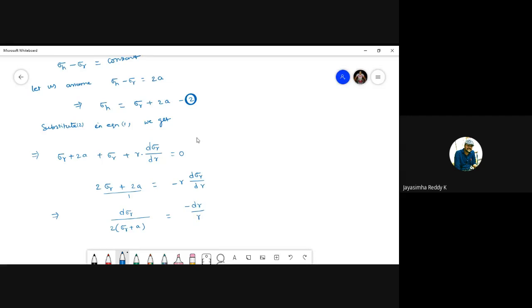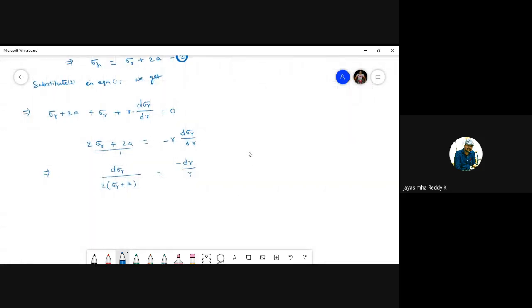So dr by r is transferred to that side, and I have just rewritten the equation. I'll also make this 2 go to that side. So d sigma r by sigma r plus a is equal to minus 2 into dr by r. So now let us integrate the above equation.